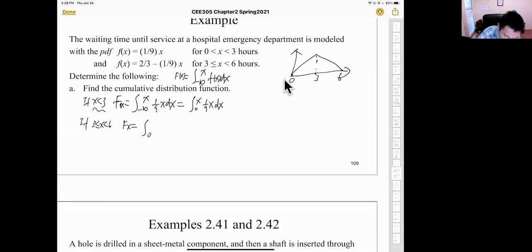One is between 0 and 3, the other is between 3 and x. If x is here, then the cumulative function will be the area under this curve, which becomes two parts: this part from 0 to 3, and the other part between 3 and x.